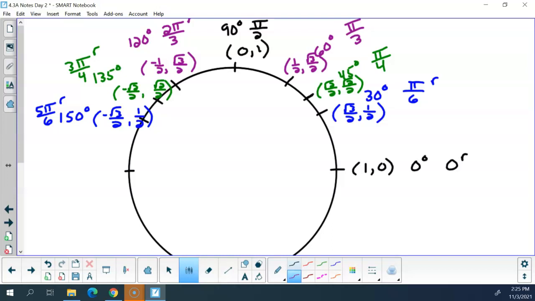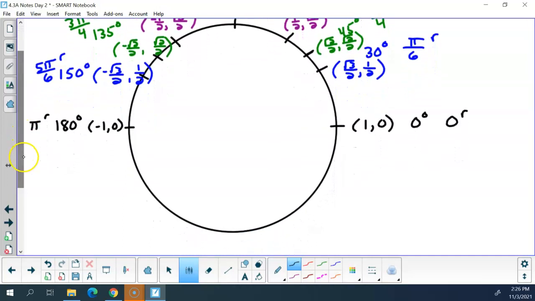Straight out. Then you got 3 down here. And you got 3 over there.